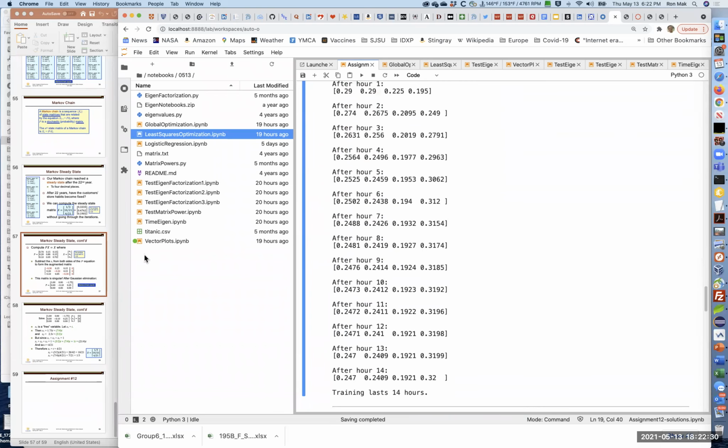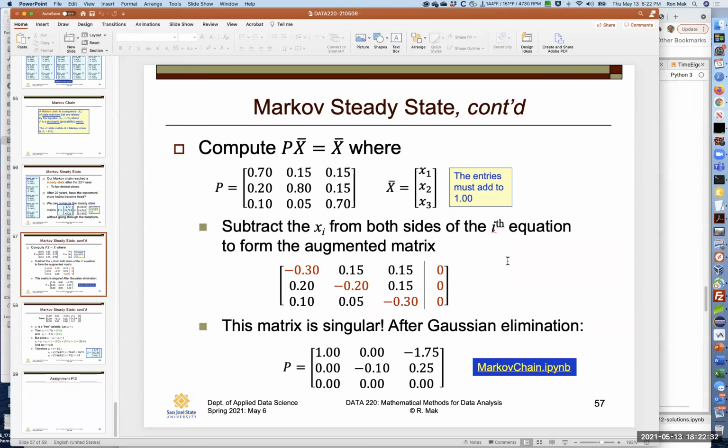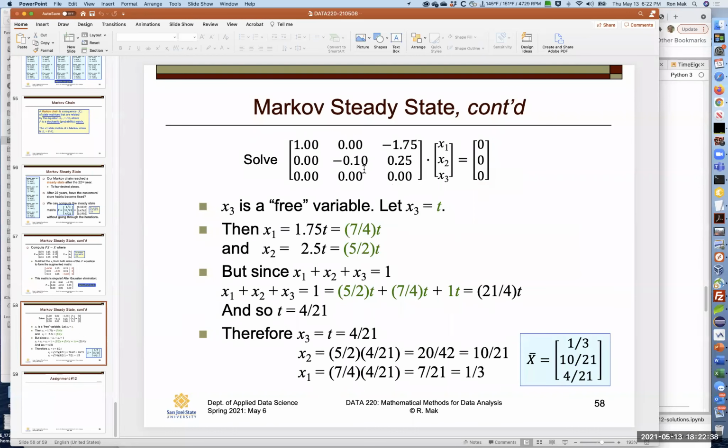Remember, when we tried to solve this, we ended up with a free variable, and then we took advantage of the fact that when you add up the 3 of them, it had to be equal to 1.